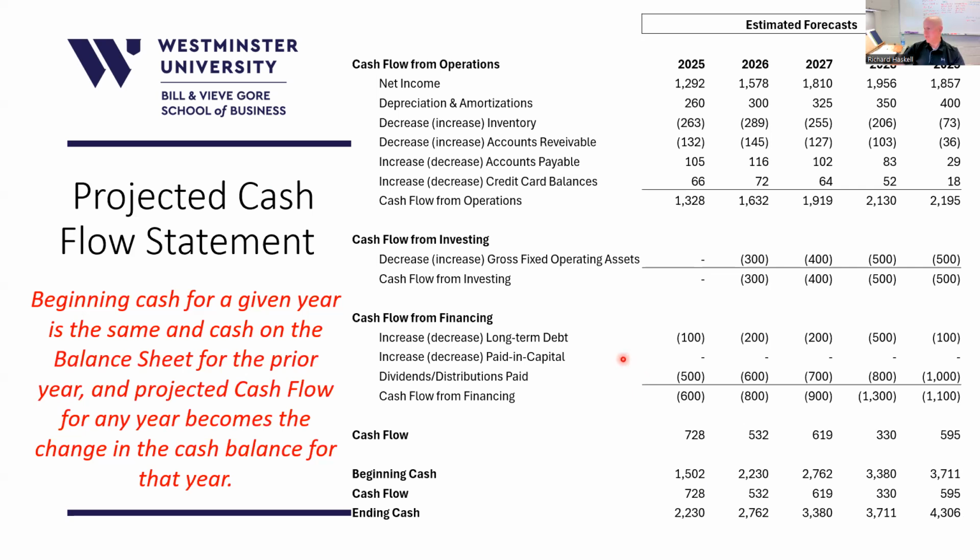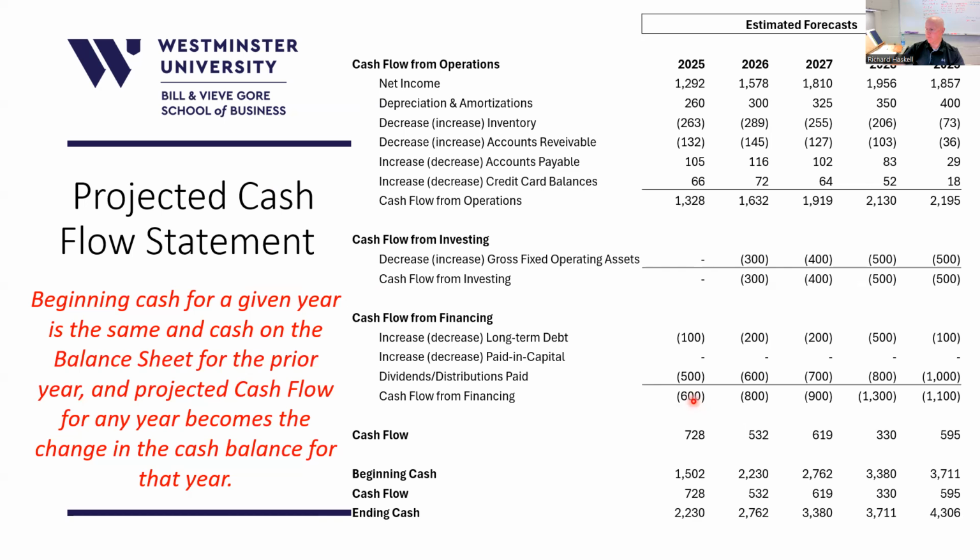In this case, we're not taking on any new equity investment from new or existing investors, so those are all zeros. But had we brought in, say, another $1,000 in equity investment in 2025, we would have had a $1,000 value here as a positive, because bringing in equity investment is bringing in cash to the company. In this case, we didn't bring any in.